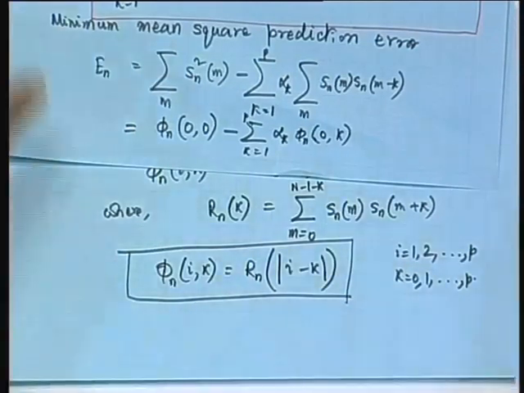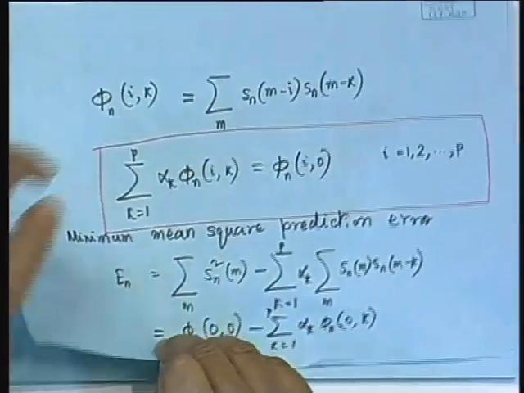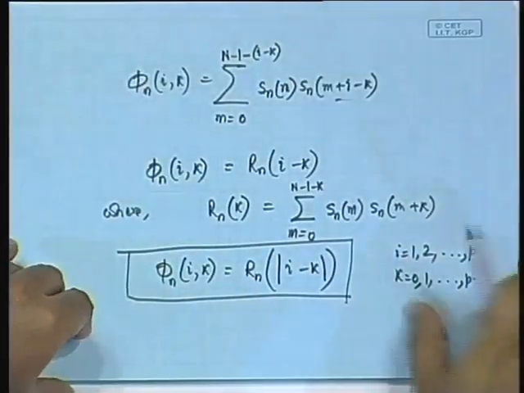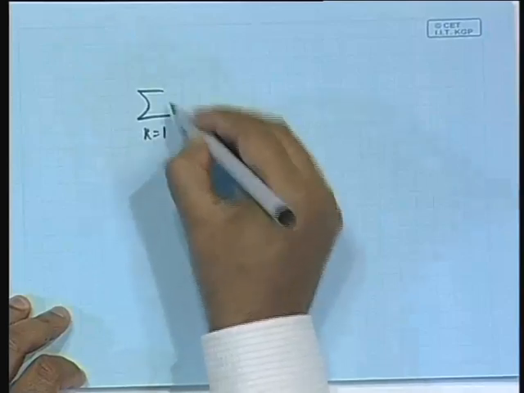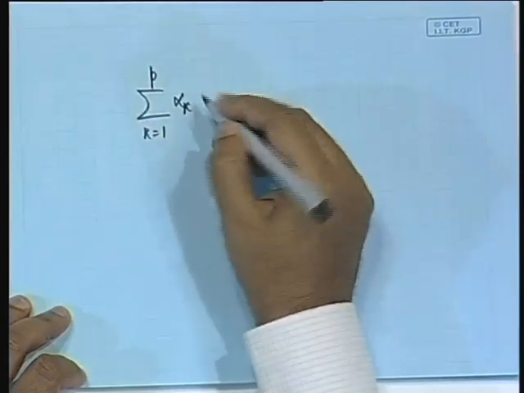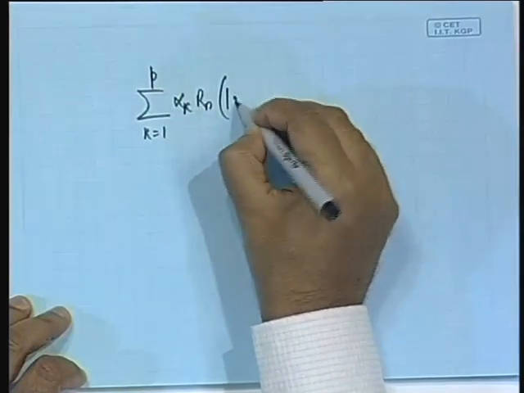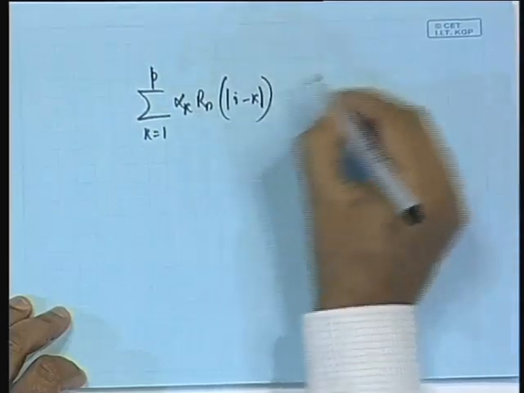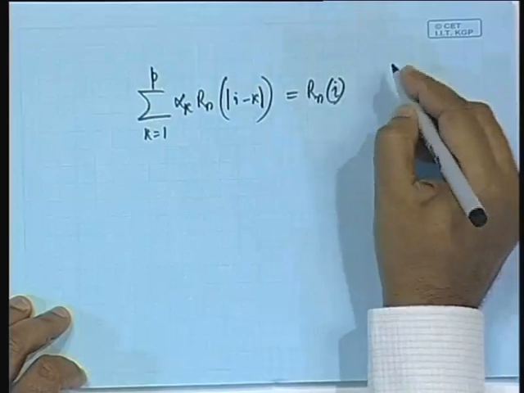So I can rewrite this equation as the summation k equal to 1 to p of alpha k into Rn of mod i minus k, okay, is equal to Rn(i), okay.